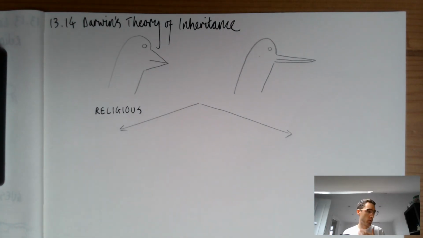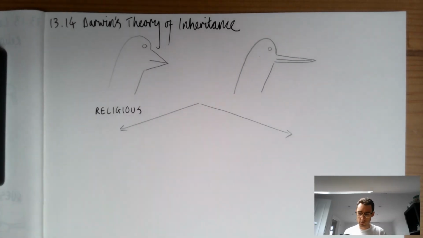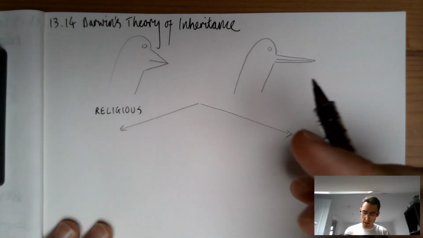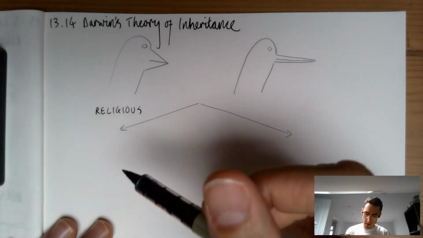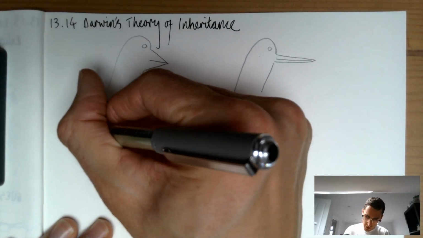And the religious way would be to say the reason these two types of birds, I'm going to use types just because that's a fairly plain word, the reason these two types of bird are different is because of creation.